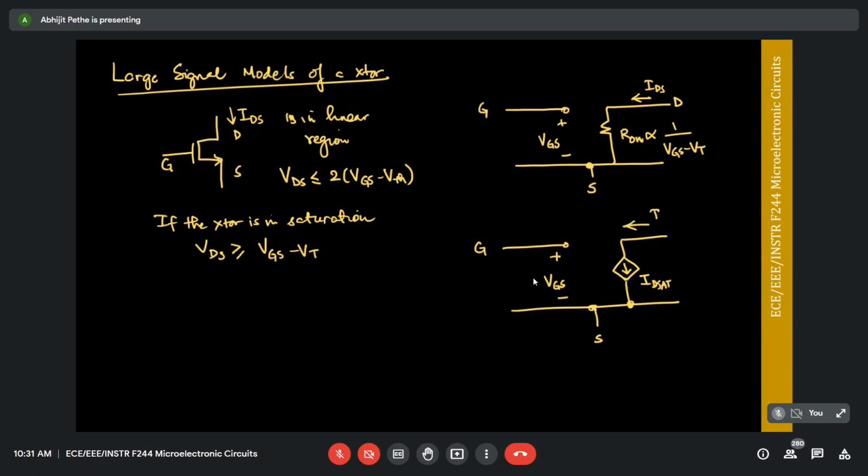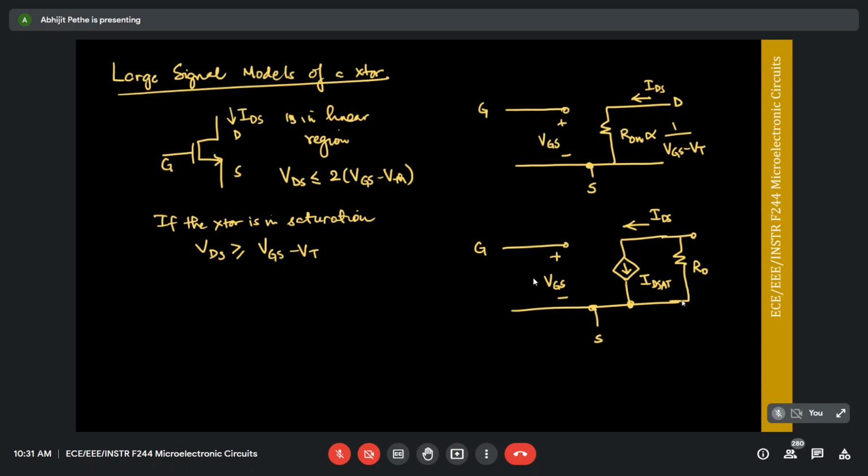So this is your model for the transistor when there is no channel length modulation. In the case of channel length modulation, it is going to be different. So this is how your transistor looks when you want to solve circuits based on it. Now, why is this important?